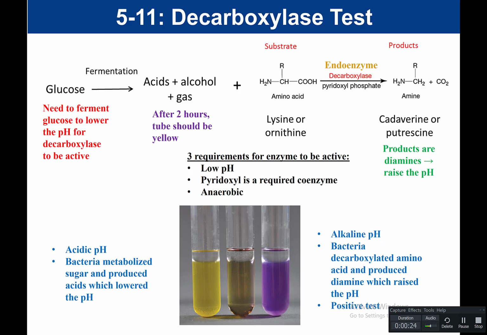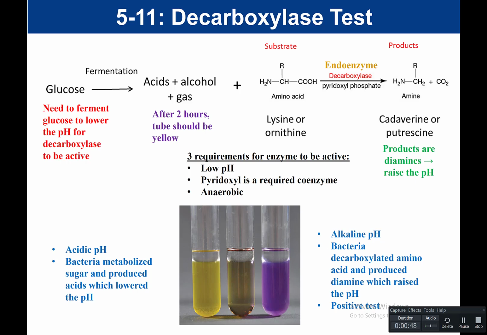So the bacteria in this case metabolized the sugar and produced acids, which lowered the pH. So is that positive or negative for decarboxylase? The answer is that would be negative, right? Because if decarboxylation occurred, then we would get the diamines, which would produce alkaline products.